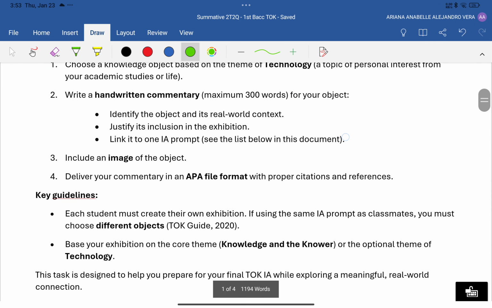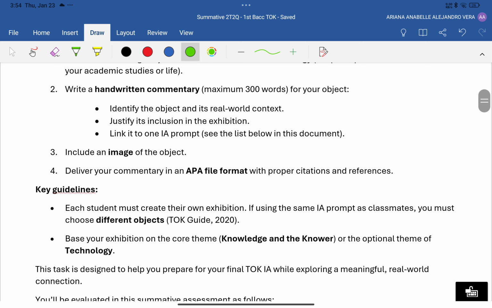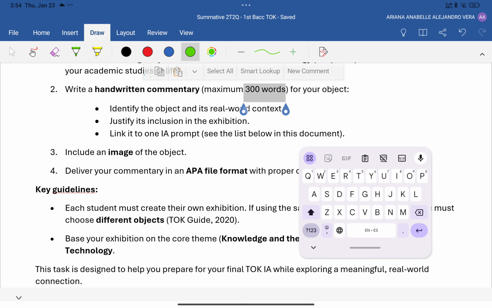So the final commentary is a maximum of 300 words. Pay attention to this amount of words. It is true that I'm not saying a minimum of words. I'm saying a maximum, which means I'm going to be following the same aspects or features of how the IB program usually does, especially in TOK. In TOK, when it says 300 words and you write 320, the examiner reads only the 300 words.